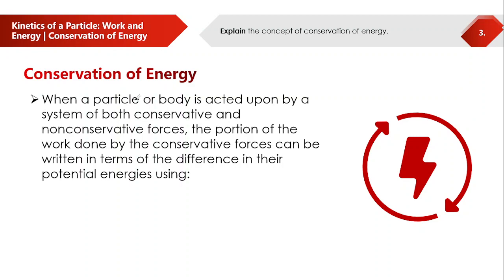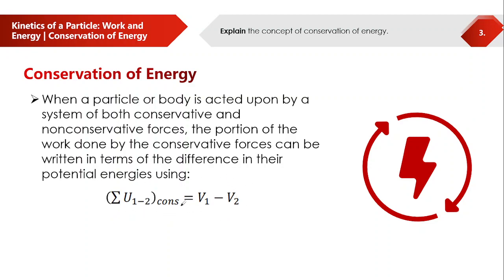So conservation of energy is when a particle or a body is acted upon by a system of both conservative and non-conservative forces. The portion of the work done by the conservative forces can be written in terms of difference in their potential energies. Okay?